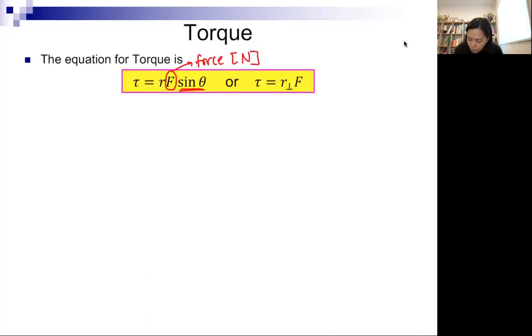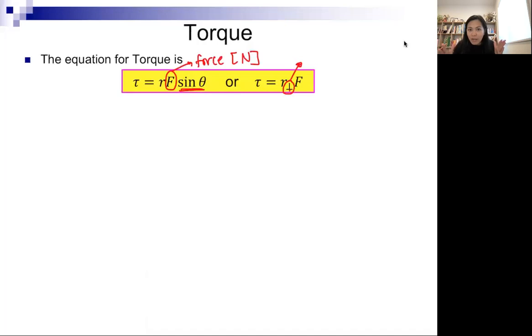We'll use the form where the sine theta sort of indicates that a force that's perpendicular to the moment arm is what affects the rotation of the object.